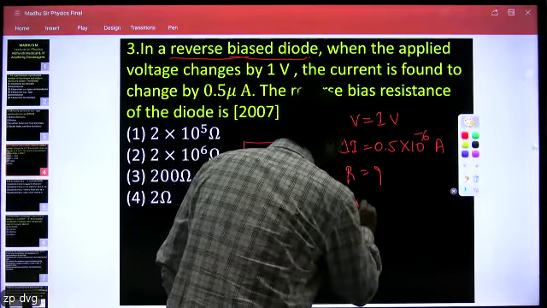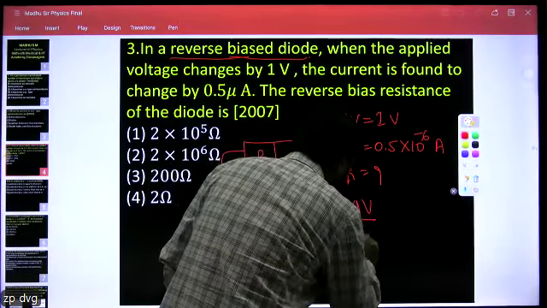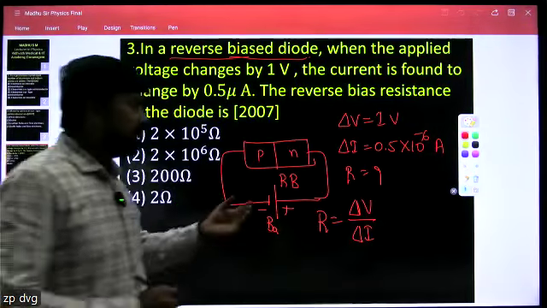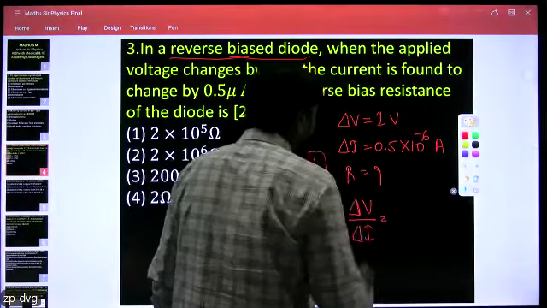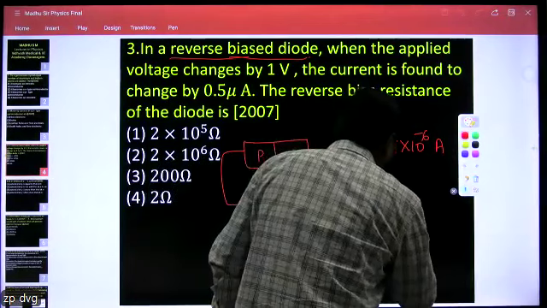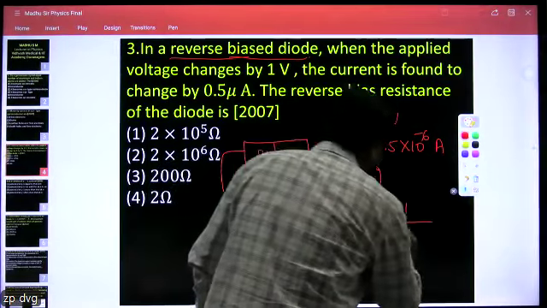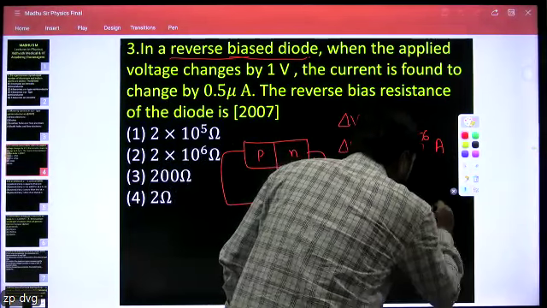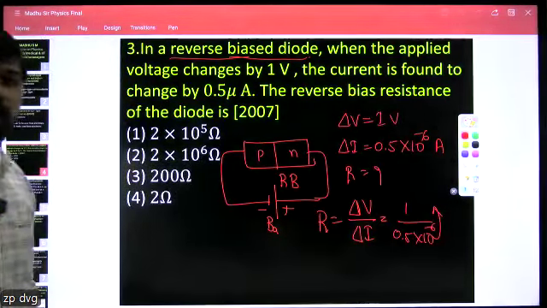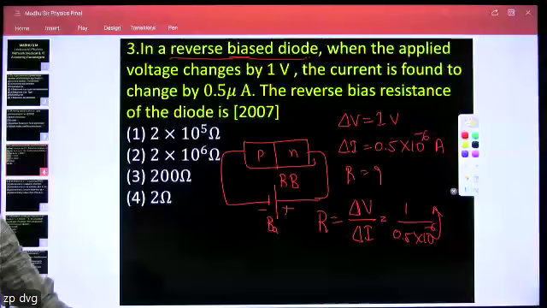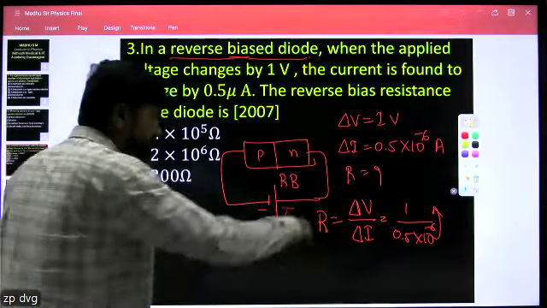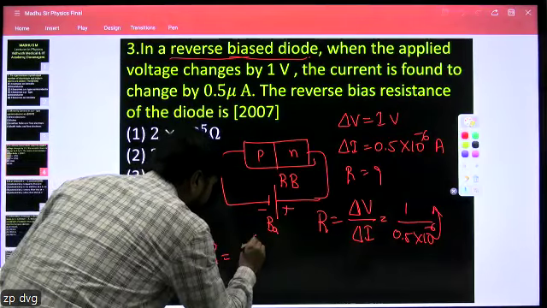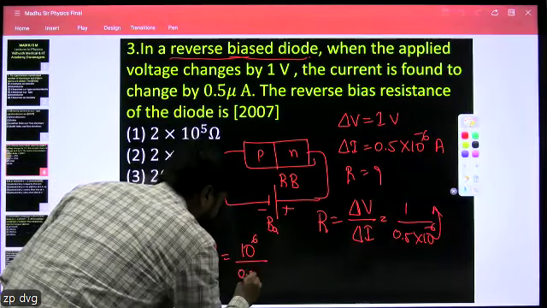R is equal to delta V by delta I. Now we can substitute the values. Delta V is 1 volt and delta I is 0.5 into 10 power minus 6. This 10 power minus 6 shifts into the numerator, so minus 6 becomes plus 6. Therefore, R is equal to 10 power 6 by 0.5.